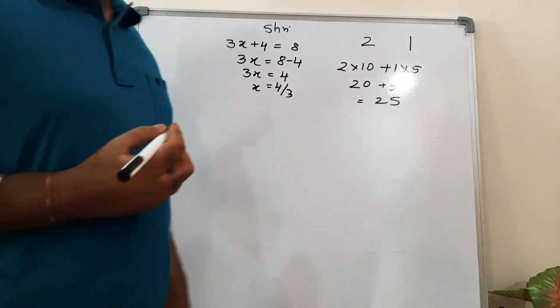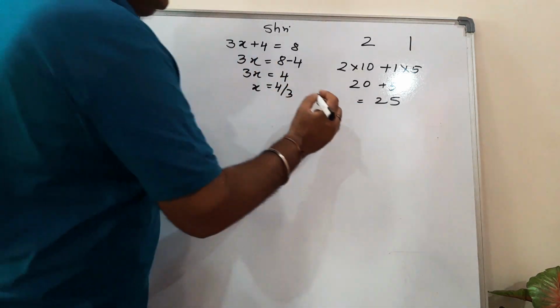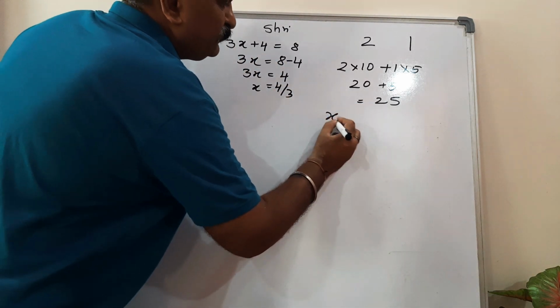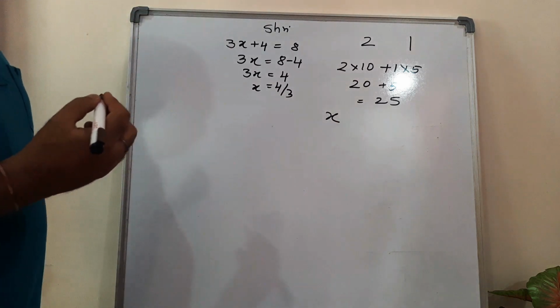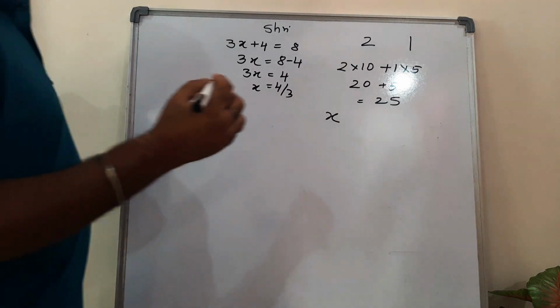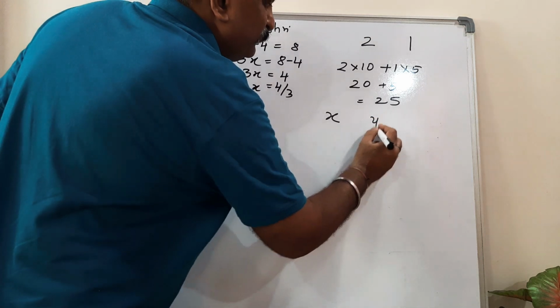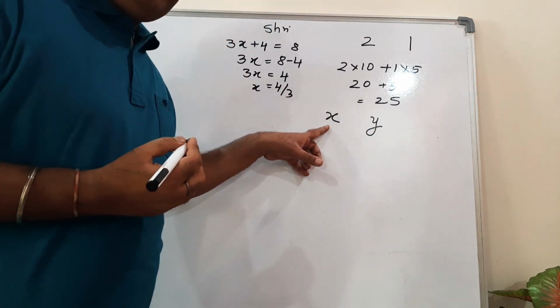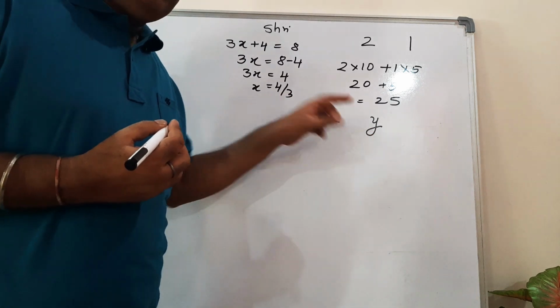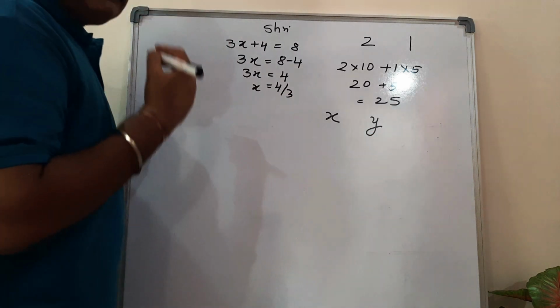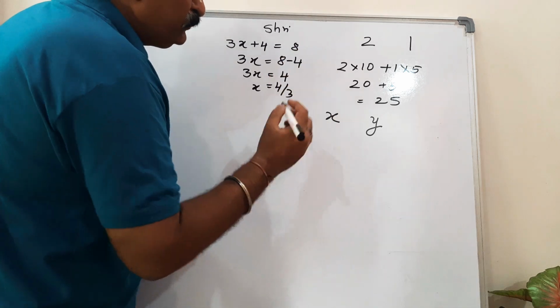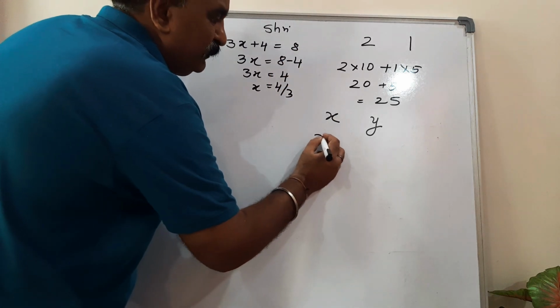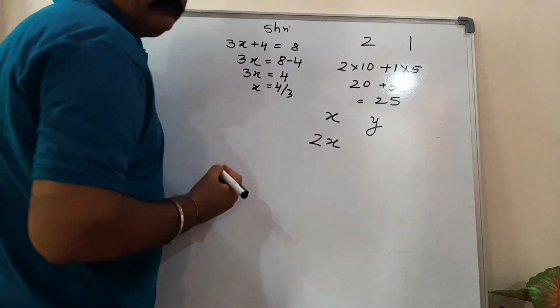So it becomes 25. Now suppose you take the cost of the samosa as rupees x and the cost of the kachori as rupees y. If you are taking 2 samosas, the cost of the 2 samosas will be 2 into x.